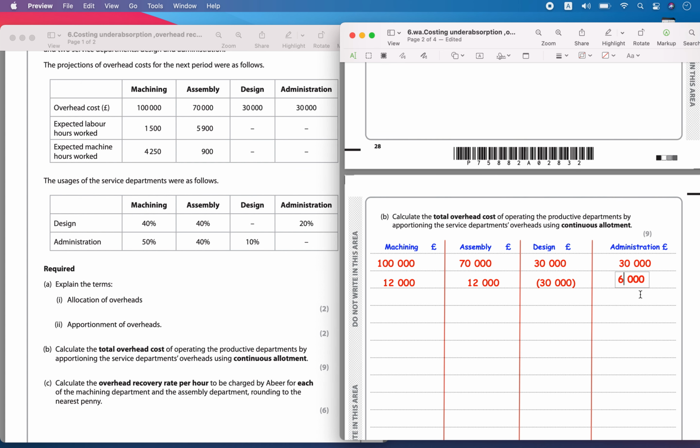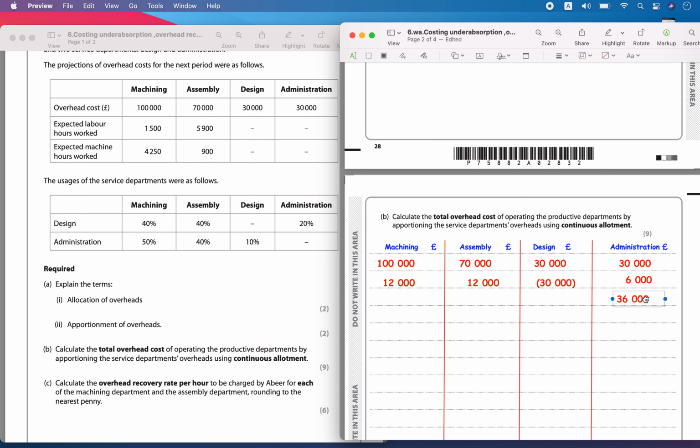Next we have to apportion the administration department. Let's see what cost it has. It has a cost of 36,000 in total, 30,000 plus 6,000.